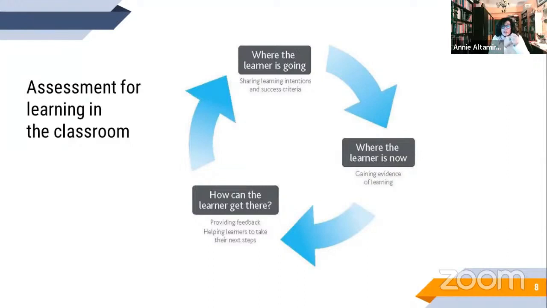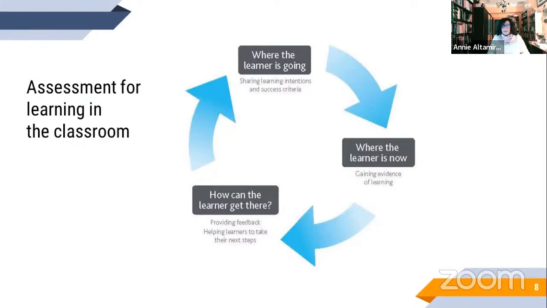Also, where the learner is now, that is, techniques, for example, effective questioning, will help us gauge what individual students and groups have learned during a lesson, generating evidence of learning that both they and we can use in order to improve our teaching and their learning.